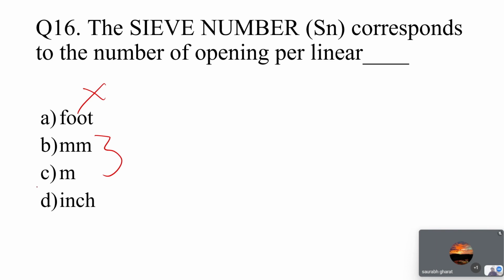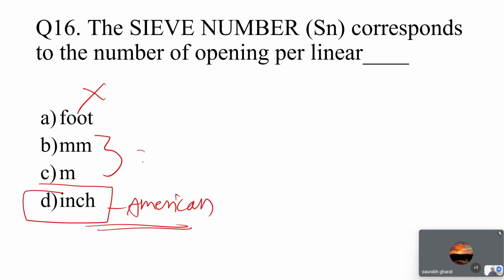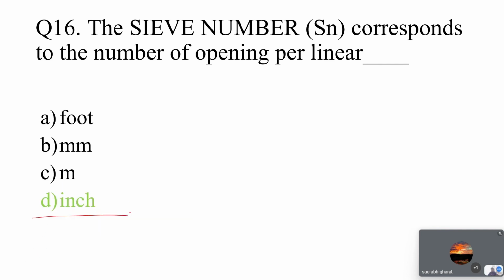Both are not used. Only inch is used because this is the American standard. SI is not used here, so you have the inch. This is the concept of the American system.